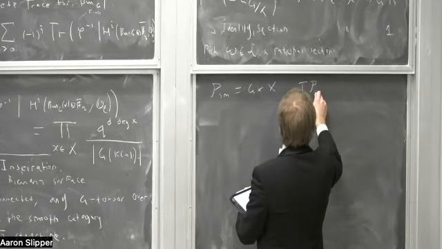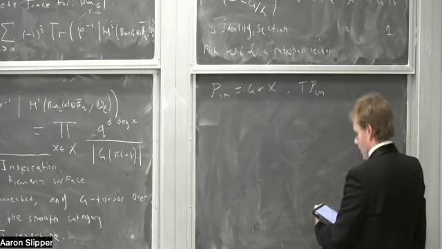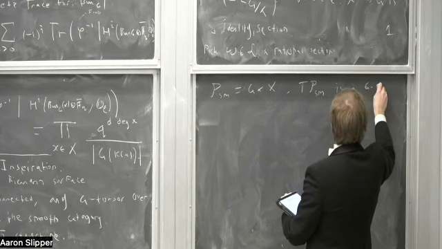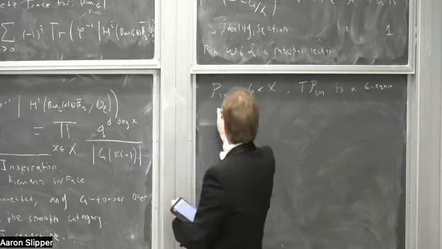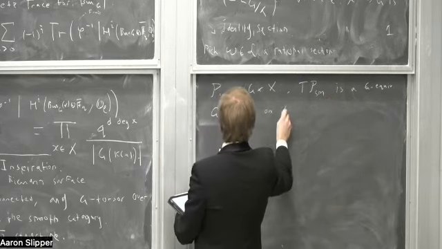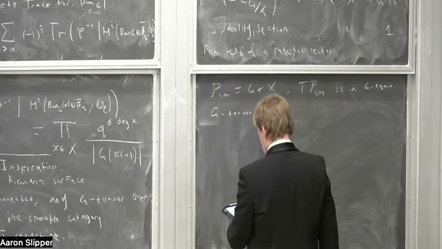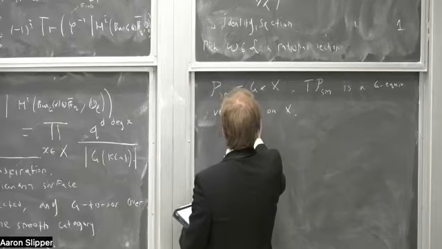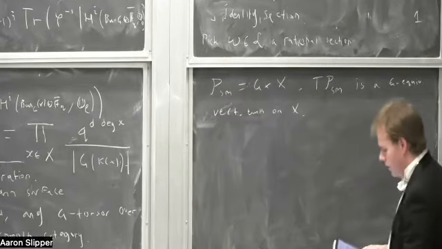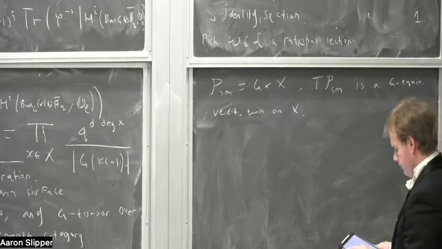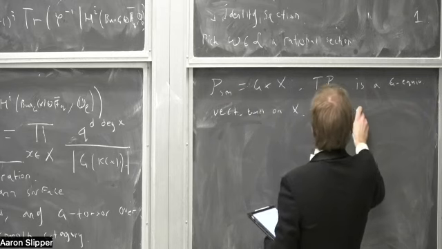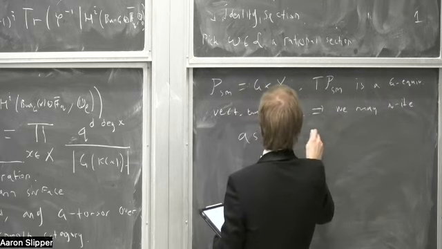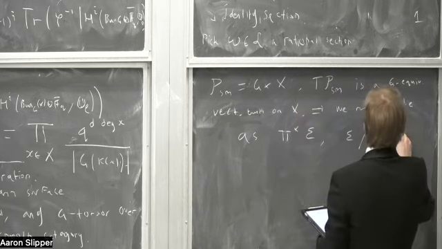The tangent bundle of P smooth is a G equivariant vector bundle on X, which implies we may write it as a pi pullback of a vector bundle E over X.